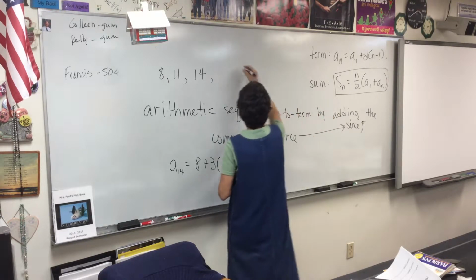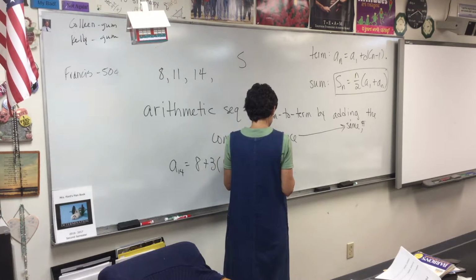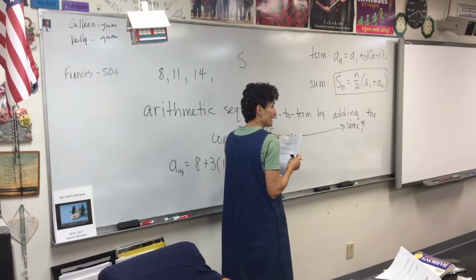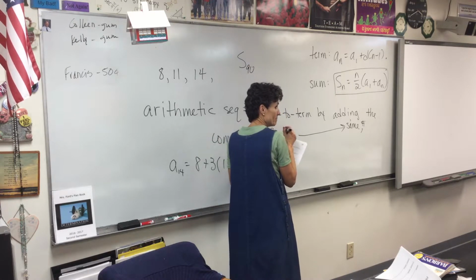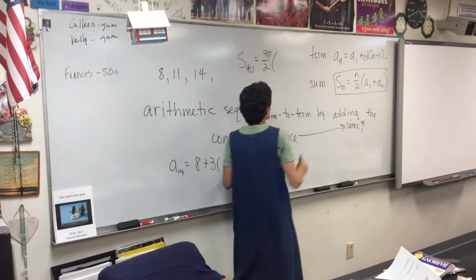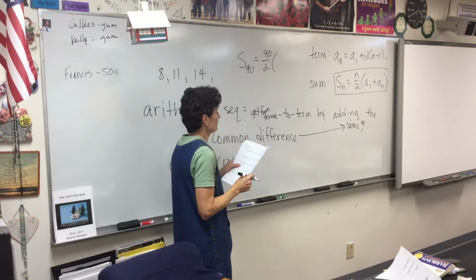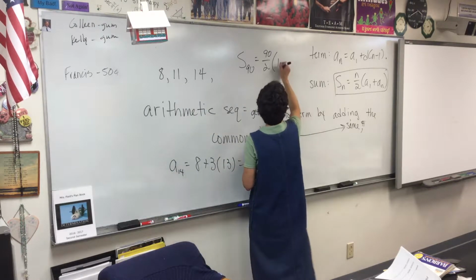So here we go. How many am I adding up? How many will she have garnered altogether if the contest runs for 90 days? Isn't that 90? Don't I want to add up 90 of them? So it's going to be 90 over 2. All right, then what? 10. The first day was 10.